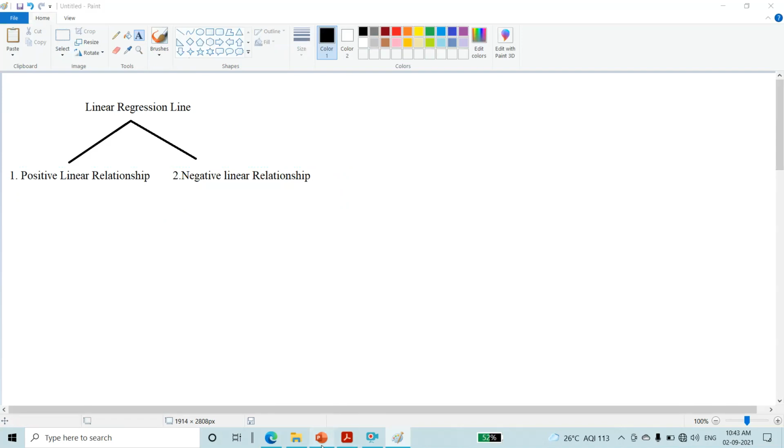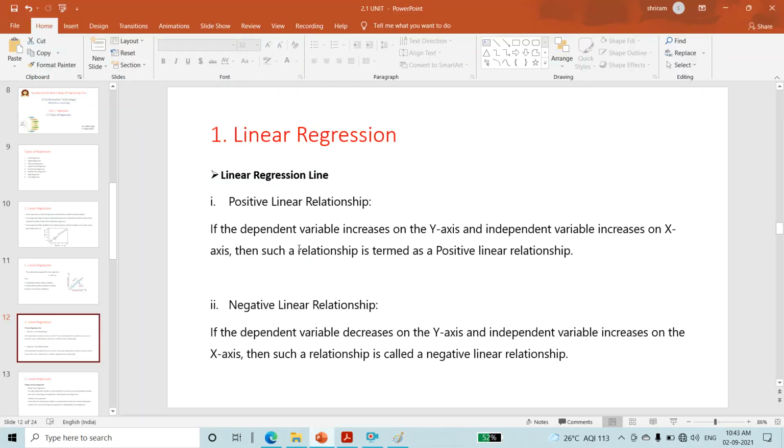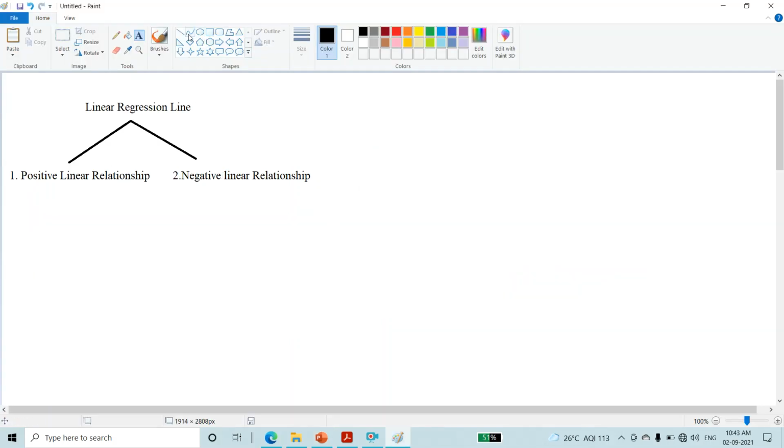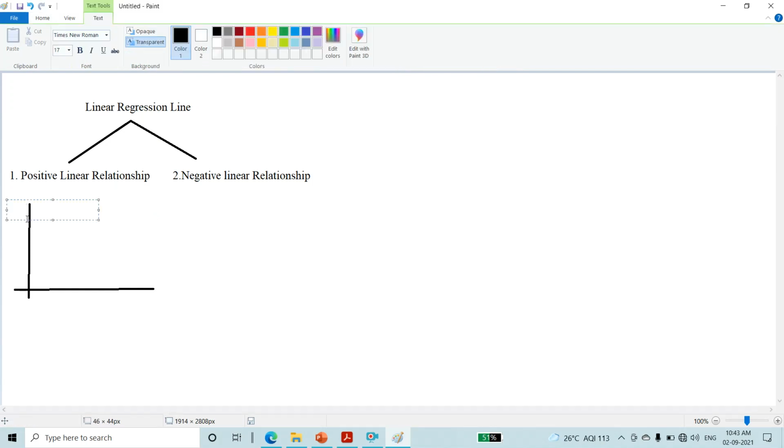So in the positive linear relationship, if the dependent variable increases on the y-axis and the independent variable increases on the x-axis, then such a relationship is termed a positive linear relationship. Okay, so I will plot here x and y. यहाँ पे होगा हमारा y एक्सिस, ये होगा हमारा x एक्सिस.